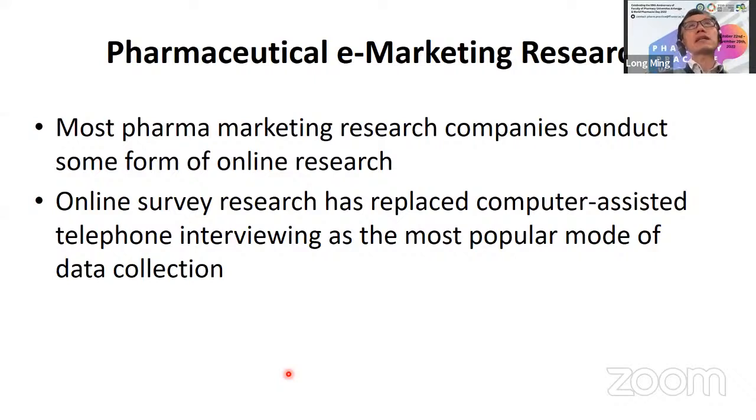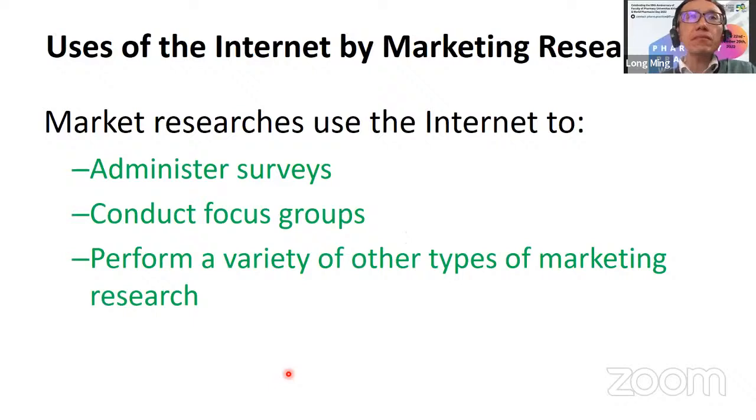We don't have so much time to listen to all these recorded videos or talk to the respondents and ask questions one by one. So what is the use of the internet for marketing researchers? They can use the internet to administer surveys and conduct focus groups also.